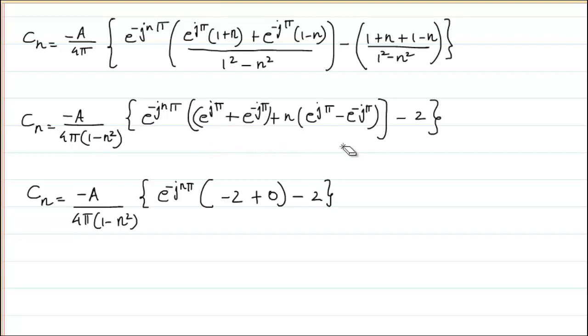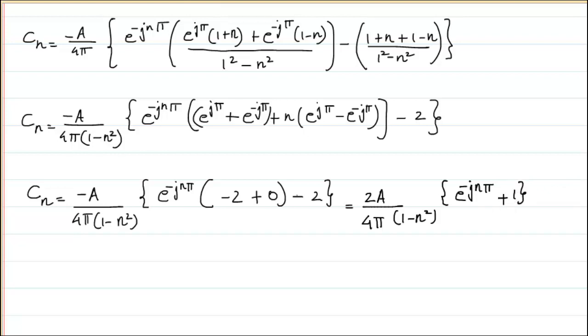So now if I take minus 2 plus 0, it is minus 2, and that minus 2 can be taken outside as common. So minus of a into minus 2, we all know, is going to be 2a. So 2a divided by 4 pi into 1 minus n square, and what remains is e raised to power minus j n pi plus 1.